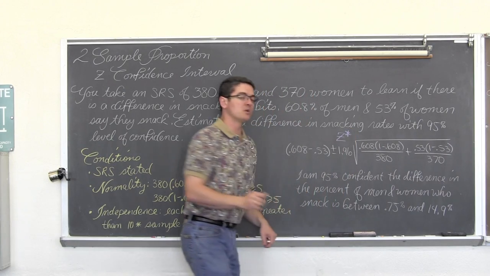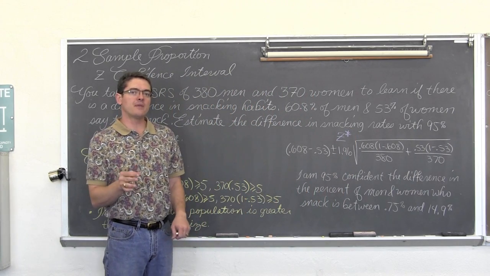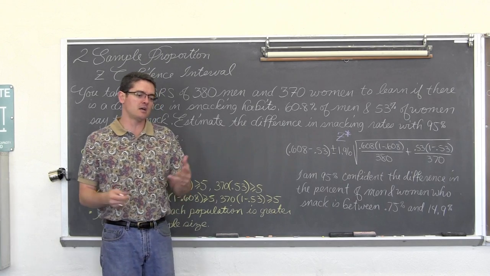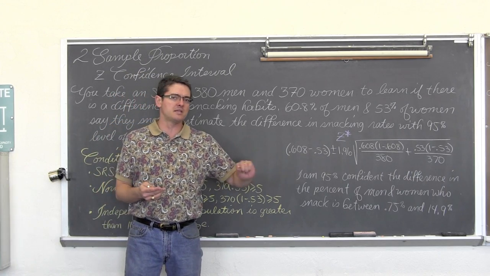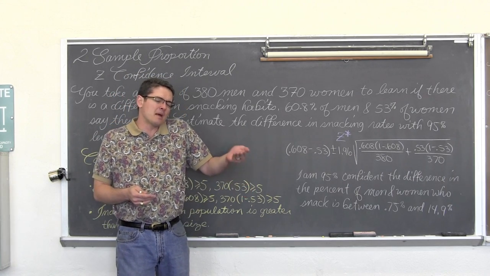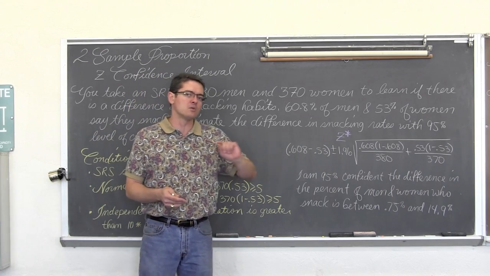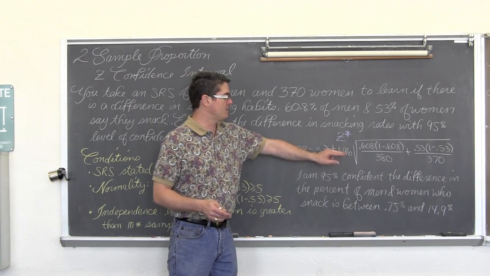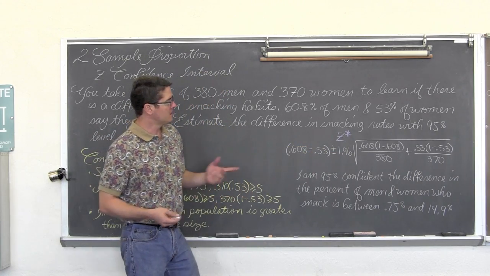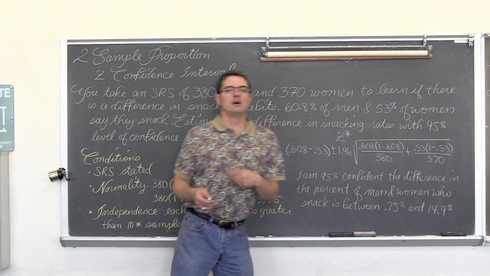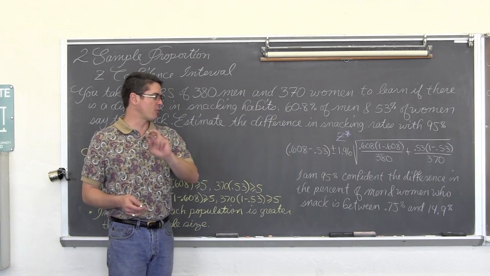With proportions, it's always z-scores. So look up that 95% level of confidence, most convenient place on the bottom of your t-table chart, and then just go to that bottom line where it says infinity or z, and your z-star value will be 1.96 times the standard error between our 2 sample proportions.